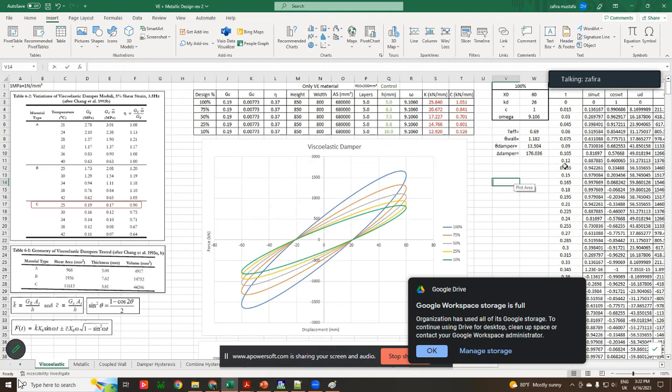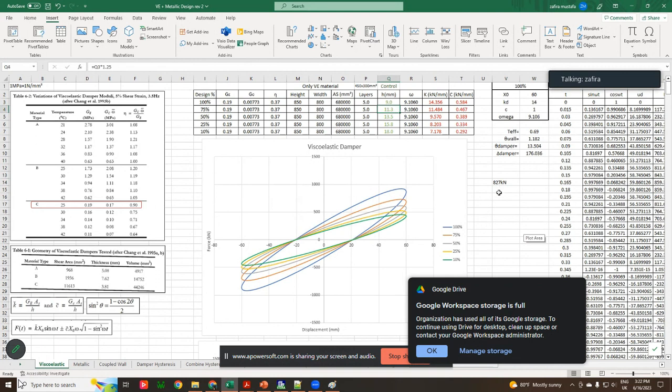So if I want a capacity around this 800, I put 9 mm thickness.